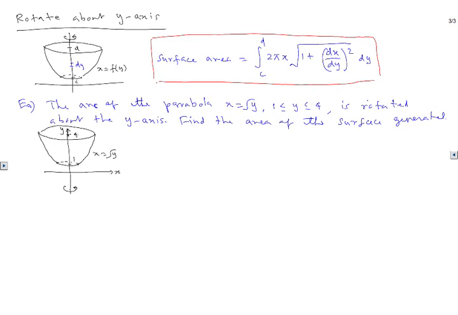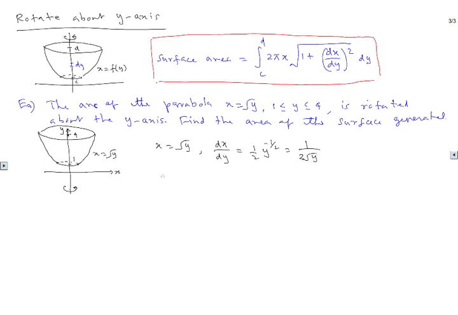Okay, so the first thing that we can do is find the derivative. So we have x equal square root y. Then dx over dy is 1/2 y to the -1/2, in other words, 1 over 2 square root y.